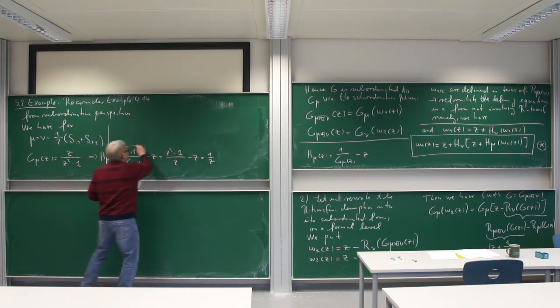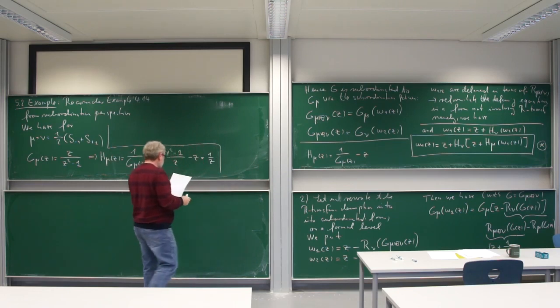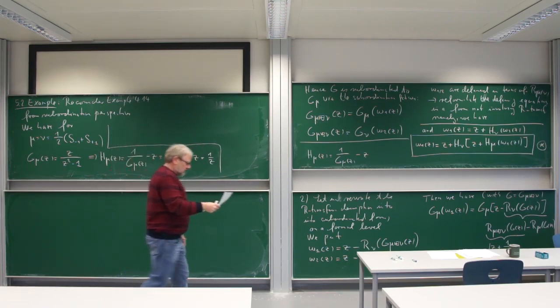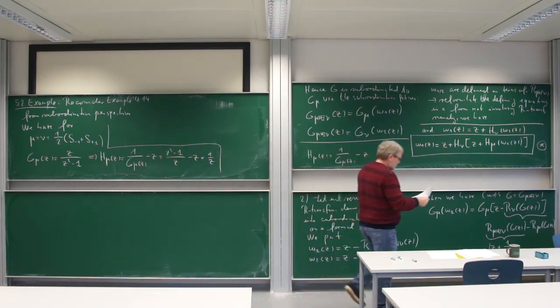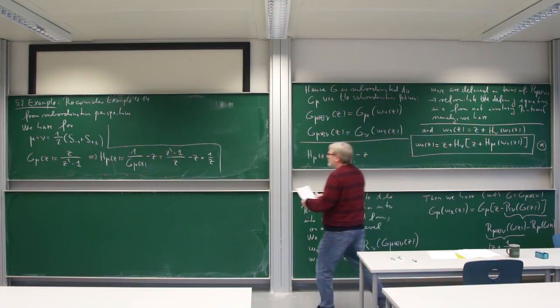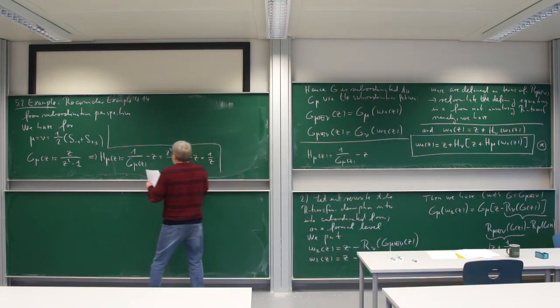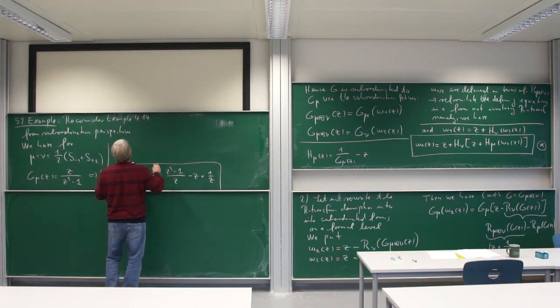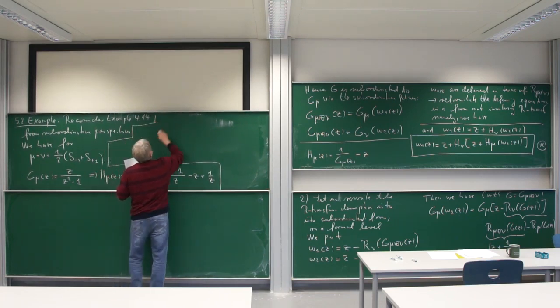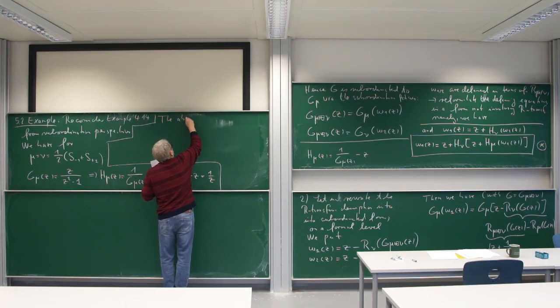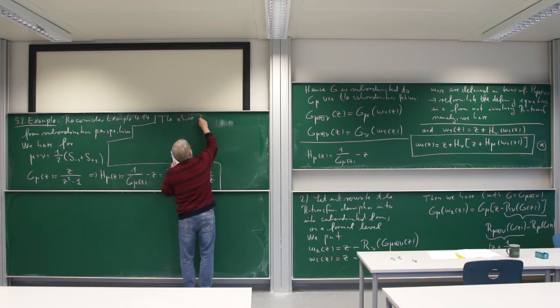So the H transform is this, and now what we should do, what we have seen before, we can now write the Cauchy transform according to what we did above.